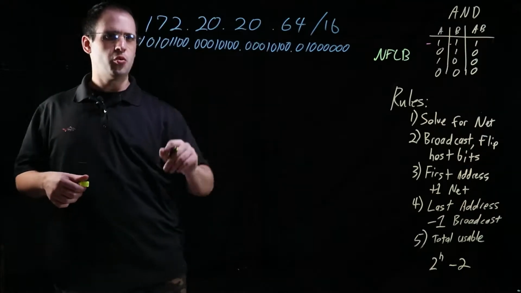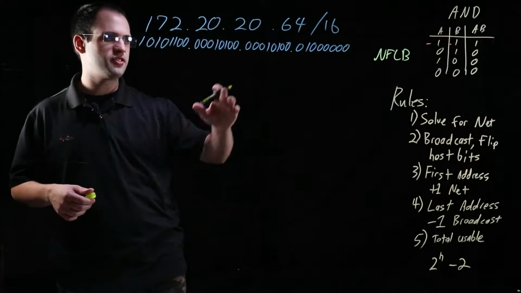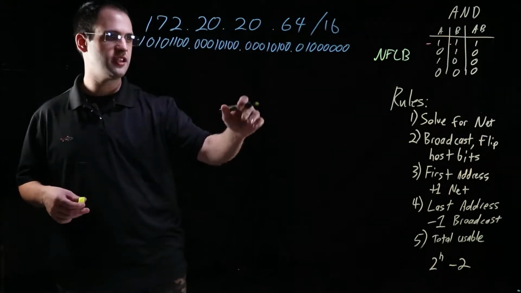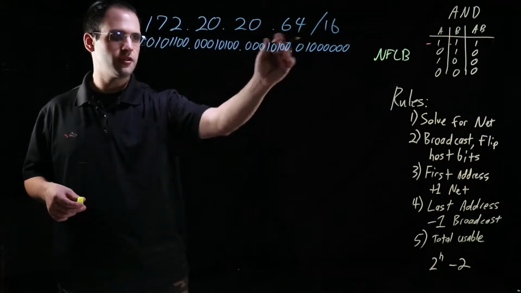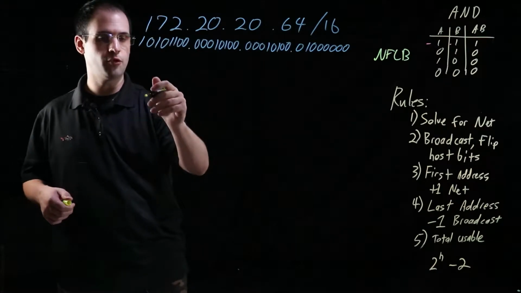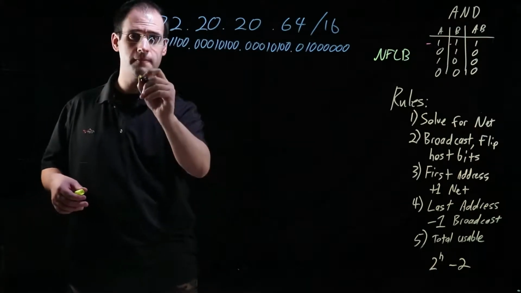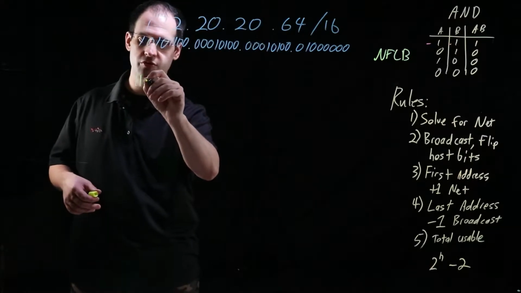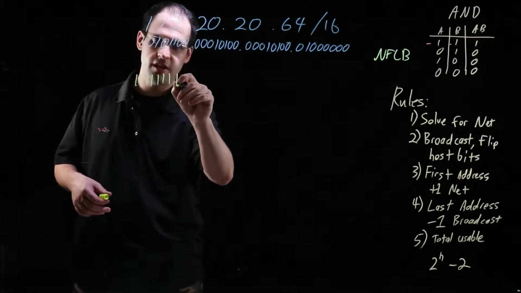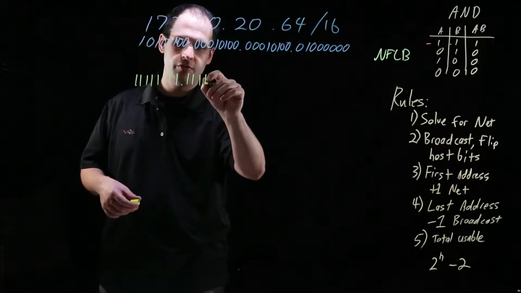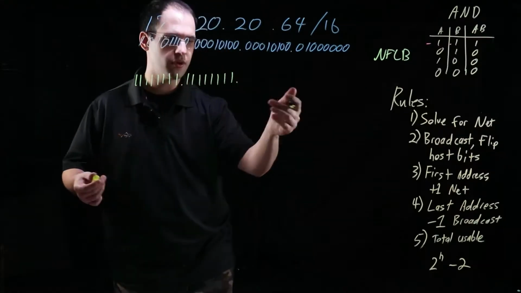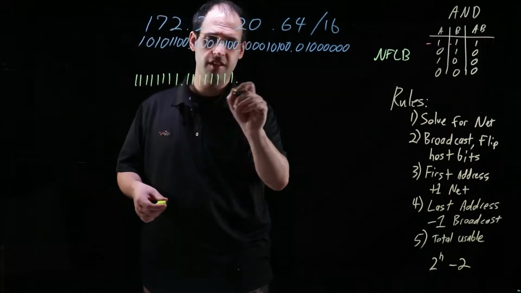Okay, so 172.20.20.64/16. Now 16 we can determine is our CIDR notation for our subnet mask. So I have 16 ones instead of 24 this time. I have 1, 2, 3, 4, 5, 6, 7, 8, and 1, 2, 3, 4, 5, 6, 7, 8. Then we're done with the ones, that's 16.